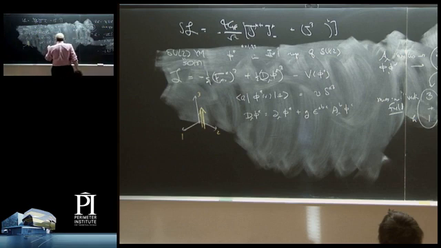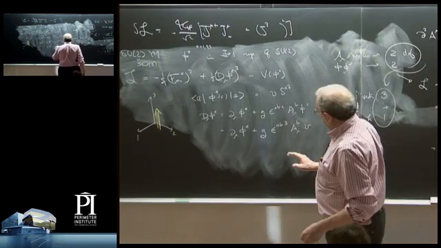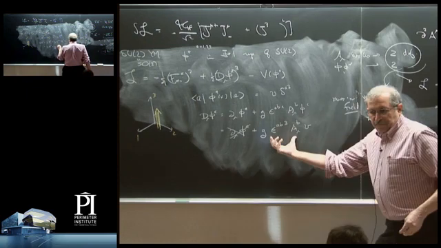Okay, so now we can write this as G epsilon AB3 A mu B times V. And if I just think of the field as constant, then this term goes away, and I just get the square of this term.